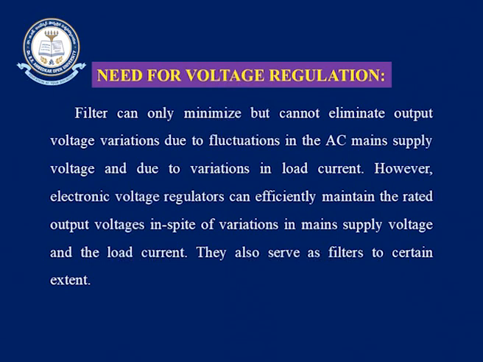Then variations are observed across the load resistance. However, electronic voltage regulators can efficiently maintain the rated output voltage in spite of variations in mains supply voltage and load current. They also serve as filters to a certain extent.